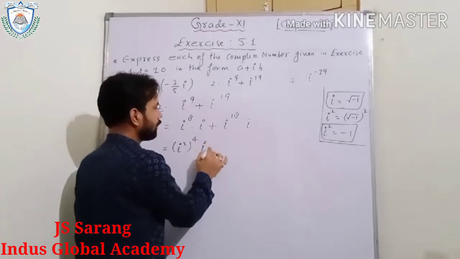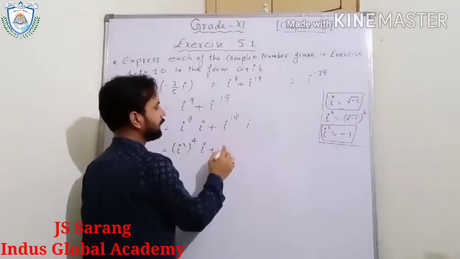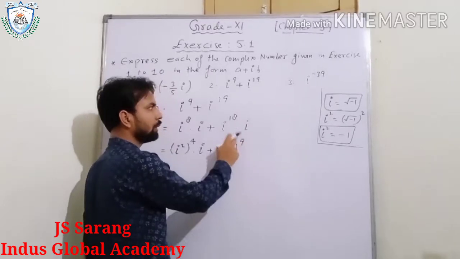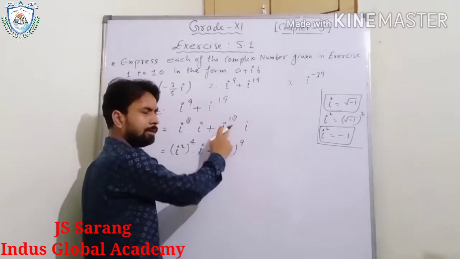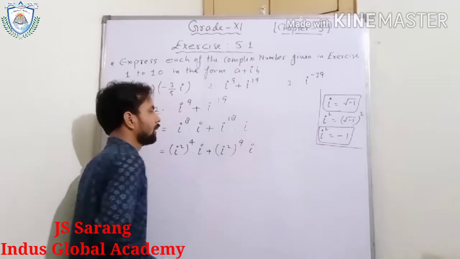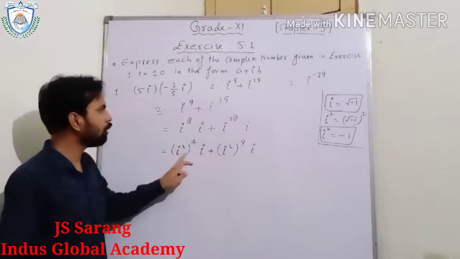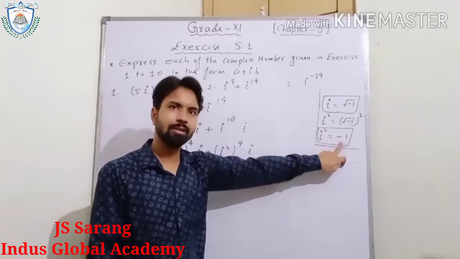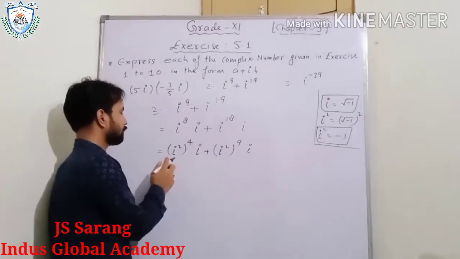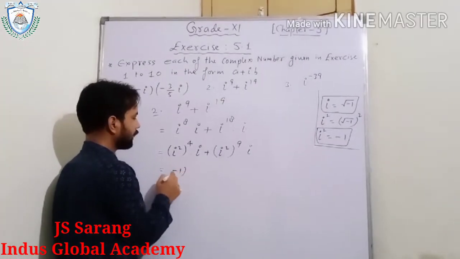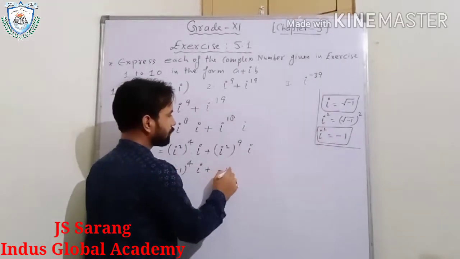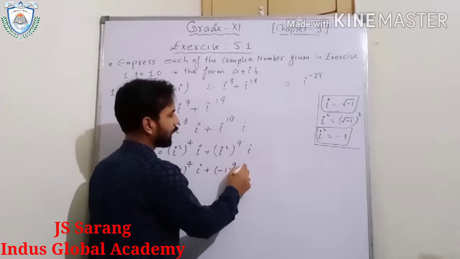Into i, plus i to the power 18 means i square to the power 9, because 2 into 9 gives you 18. And we know that the value of i square is how much? Minus 1. So we can put the value of i square here, that is minus 1 to the power 4 into i, plus minus 1 to the power 9 into i.